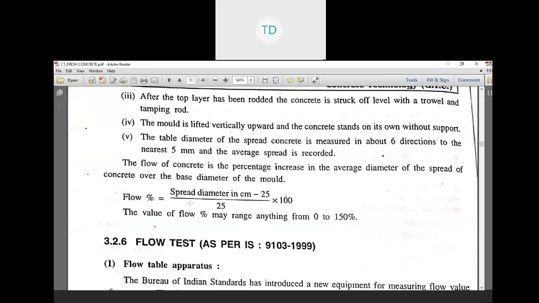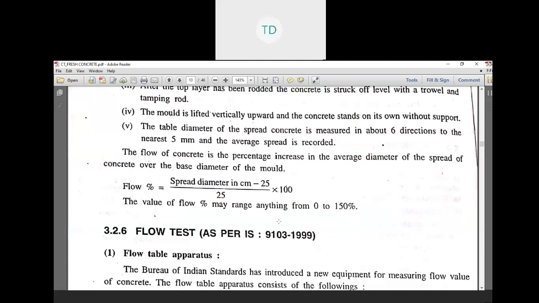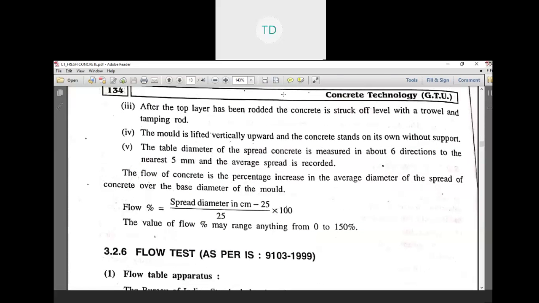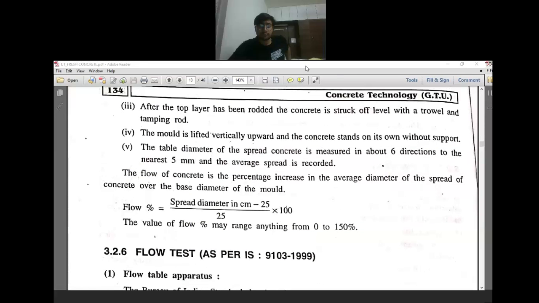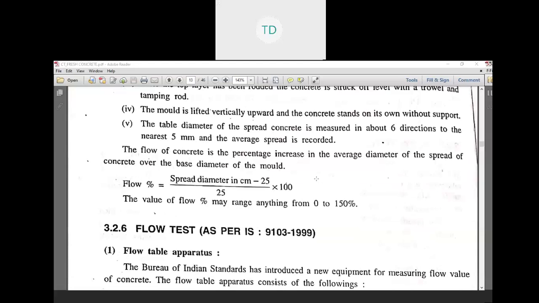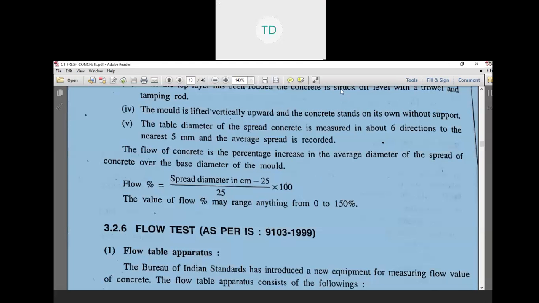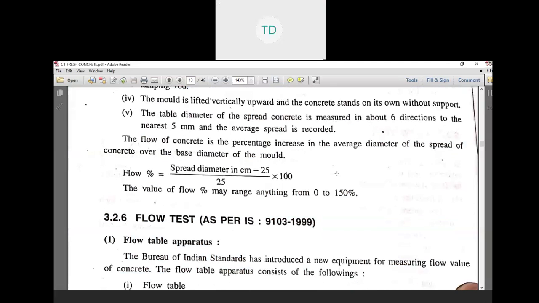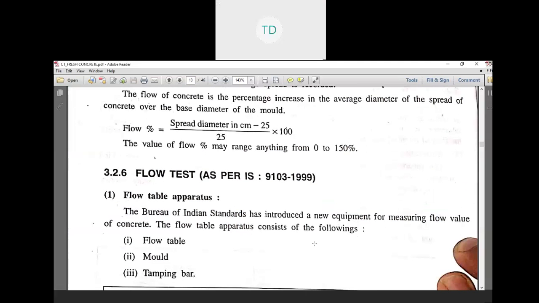Flow percentage is equal to spread diameter in centimeters minus 25, divided by 25, into 100, which gives the percentage value of the flow, with the flow table as per IS 9103-1993.